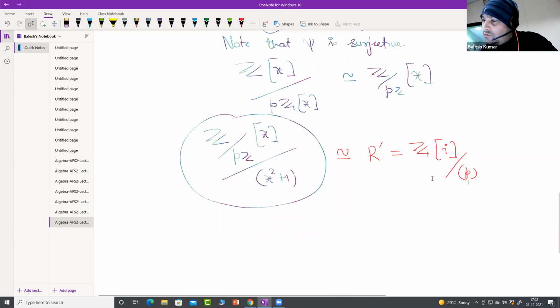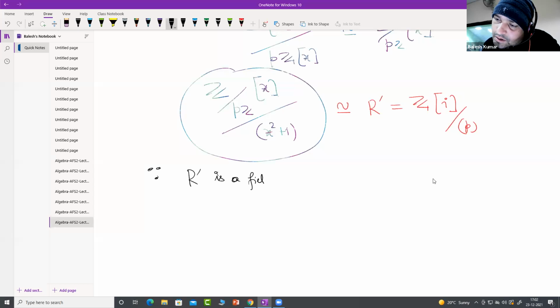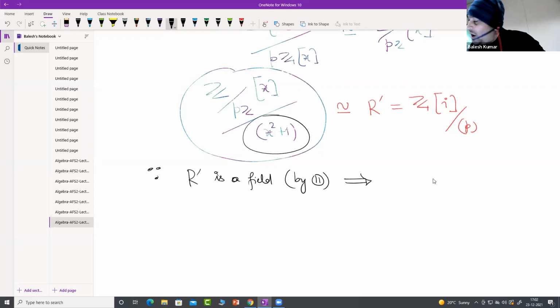And now, since 2 is true, this implies that R dash is a field, by 2. This implies that the ideal generated by x square plus 1 will be a maximal ideal.